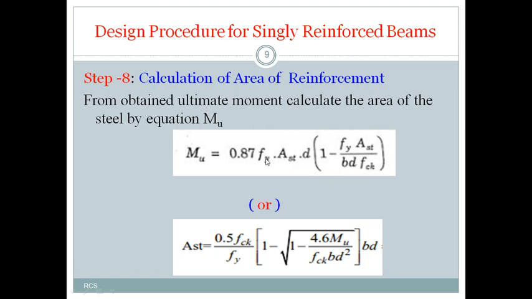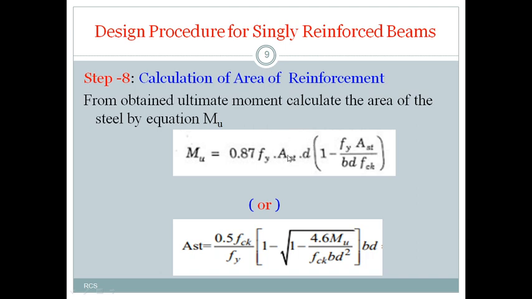Fy is the yield strength of steel, AST is the area of tension reinforcement that we have to calculate, D is the effective depth, B is the width of the beam, and FCK is the characteristic compressive strength of concrete. If you substitute the values of Mu, Fy, D, B and FCK, the only unknown parameter is AST. From this we can calculate AST.